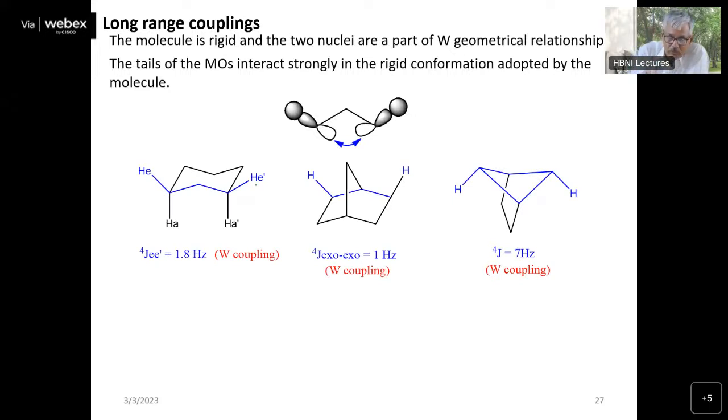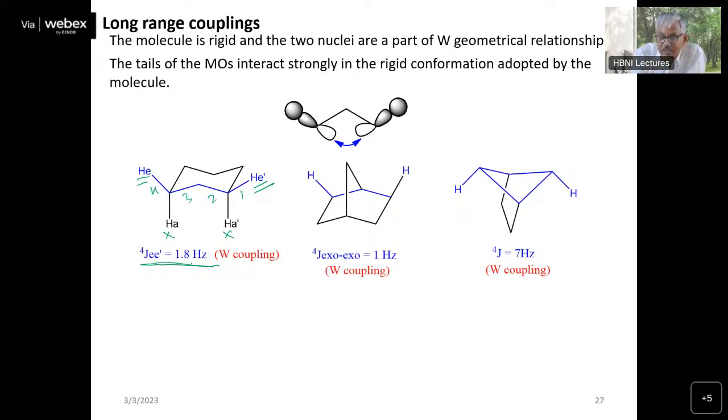If you have an equatorial group here and an equatorial here, they have a W type conformation, and you get a coupling constant, and it's clearly seen in molecules. So if you have two substituents arranged axially, you will have two equatorial protons, although they are 4 bonds away.